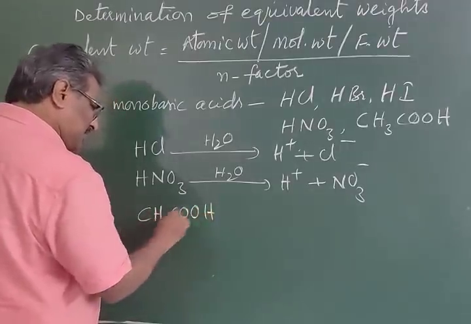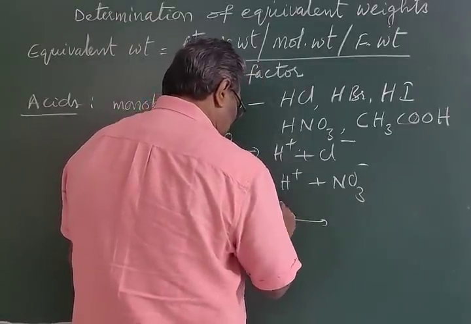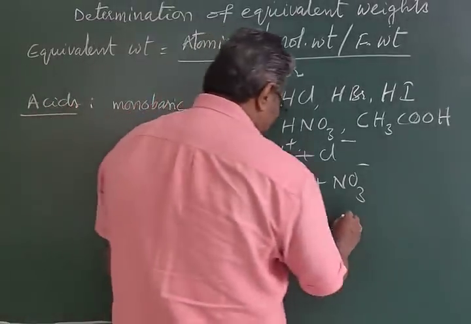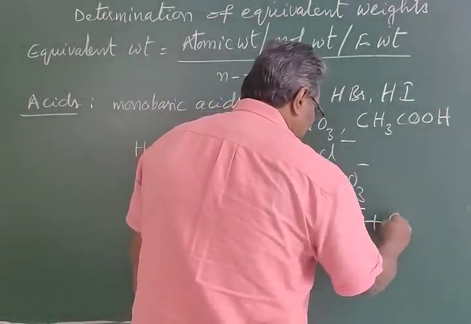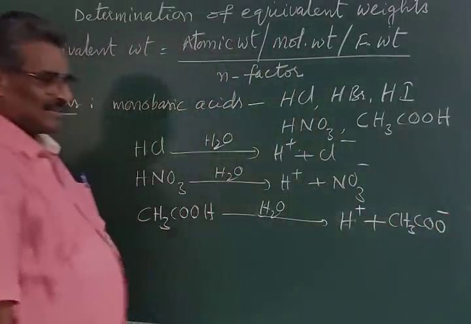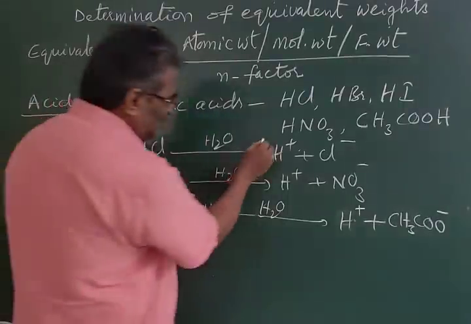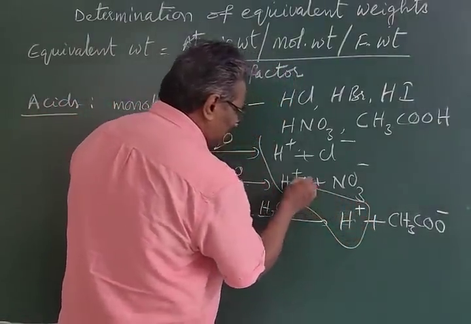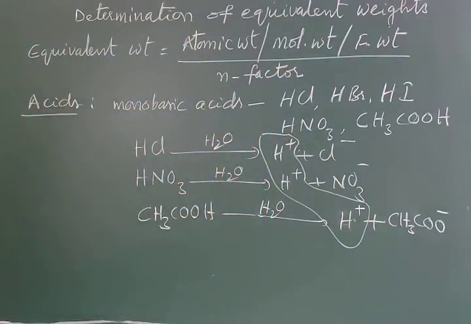CH3COOH, though there are 4 hydrogens in the molecule, when dissolved in water, acetic acid gives 1 H plus ion only and acetate ion, CH3COO minus ion. How many hydrogens are released from one molecule? Only one hydrogen is released. Such kind of acids are said to be the monobasic acids.